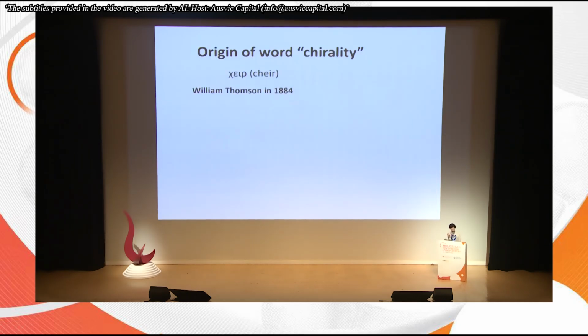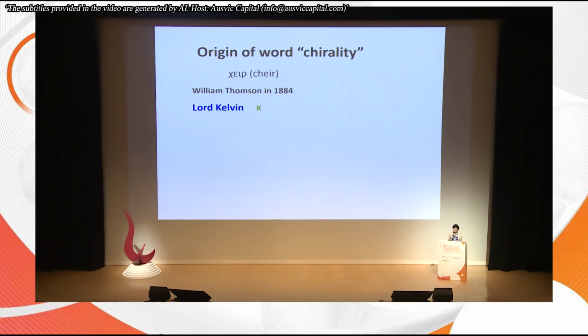Then you wonder, what is the origin of the word chirality? Where does it come from? It's from chiro. That is the ancient Greek word that means hand. If you know English, it's chiromancy, chiropodist, that's chiro, that's a hand. Who defined this? William Thomson in 1884. Do you know him? Yes, you do.